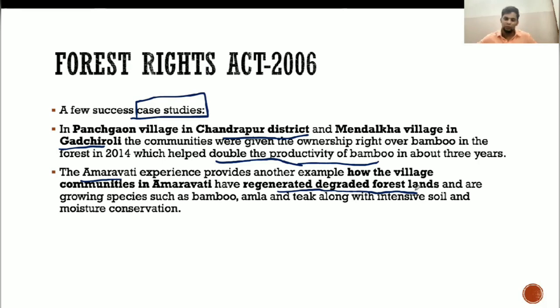Now, when you talk about the problem issues, a lot of people file for land, but if you've asked for 10 acres and got only one, even that is considered a success. In fact, 9 out of the 10 acres have not been given to the tribals or the other forest dwelling communities.